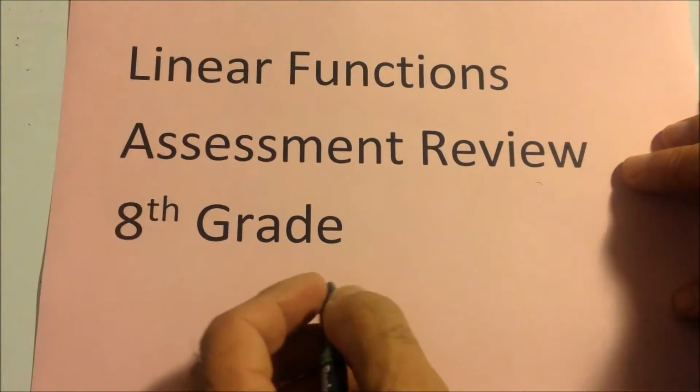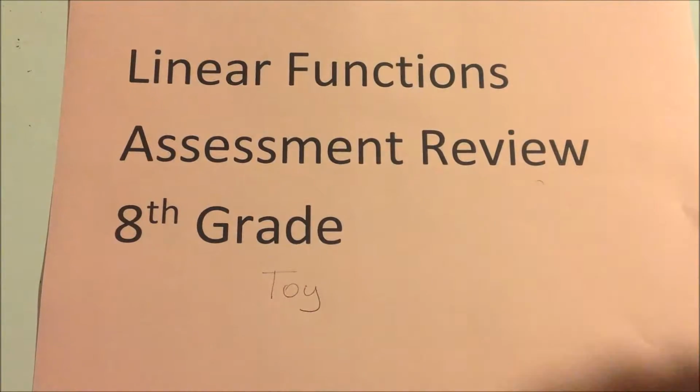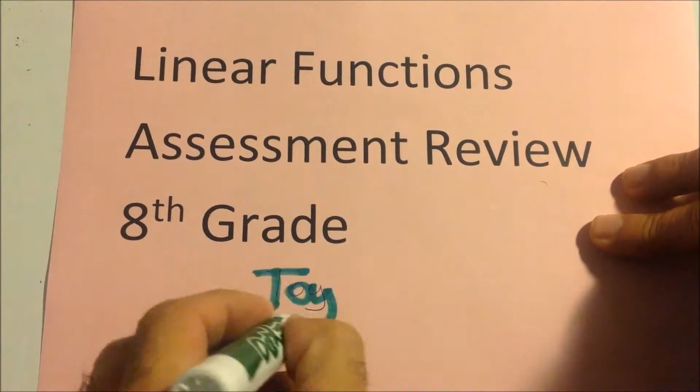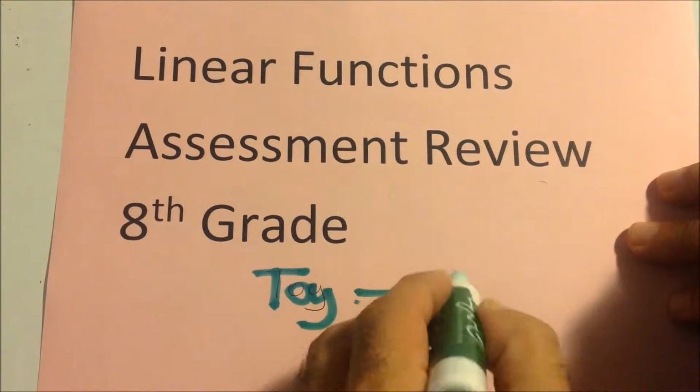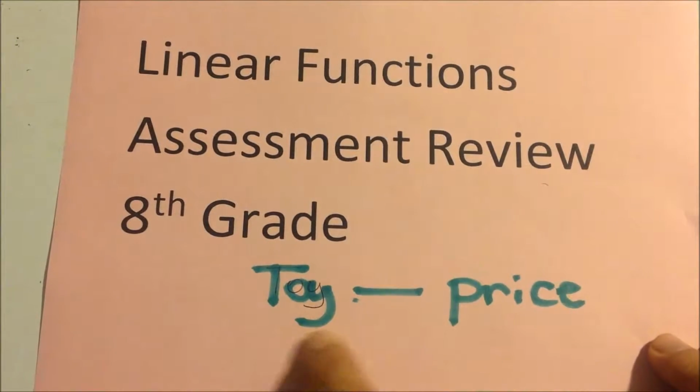Let's say, for example, we had a toy, whatever the toy may be. So let's say we had a toy in a toy store, and it has a price. So it should have one price.